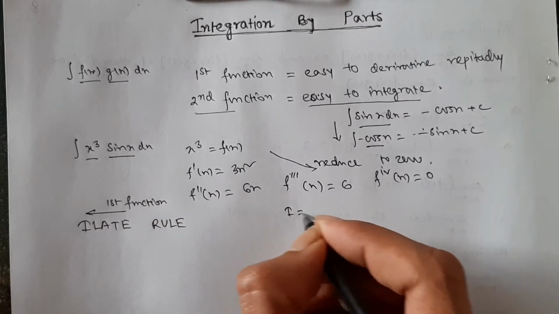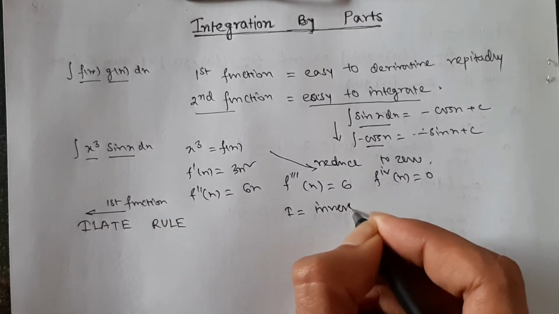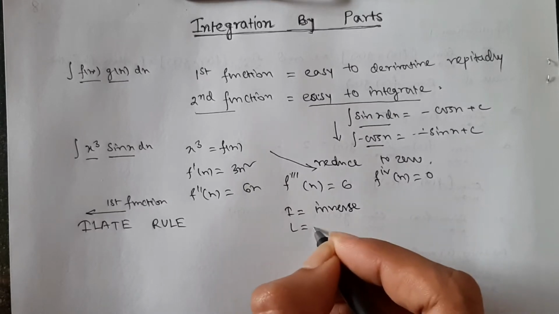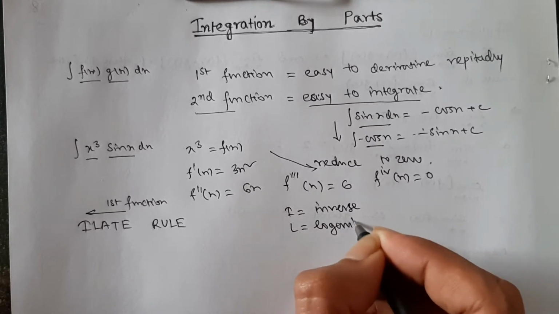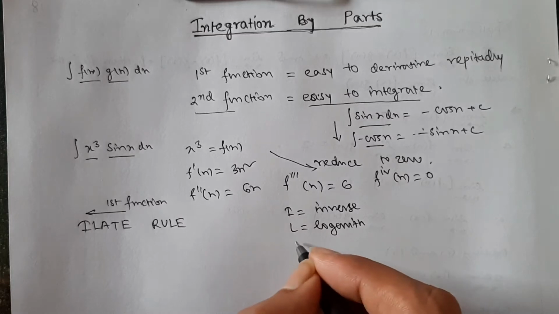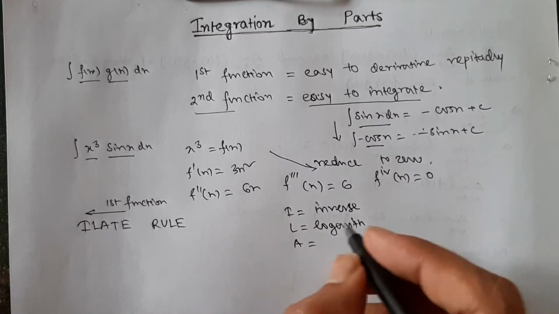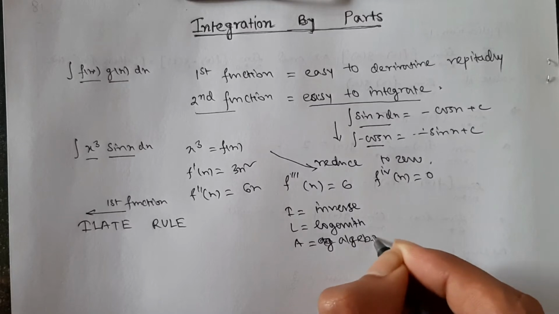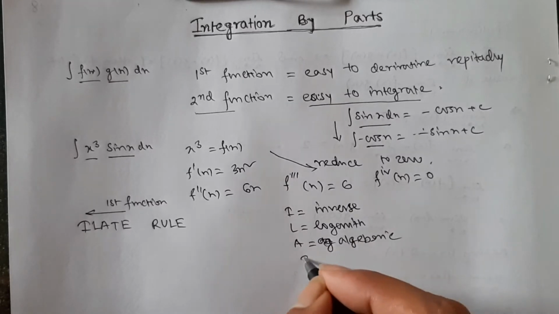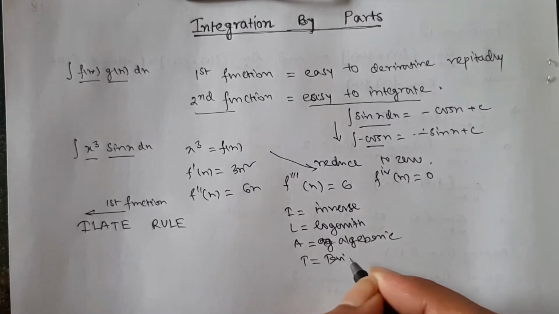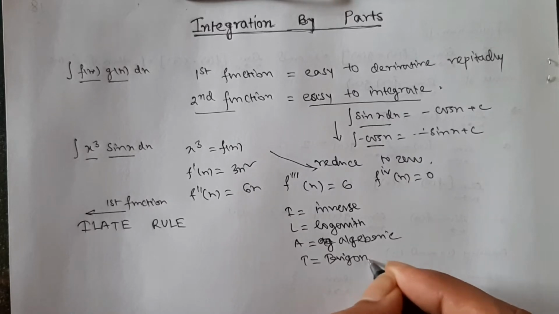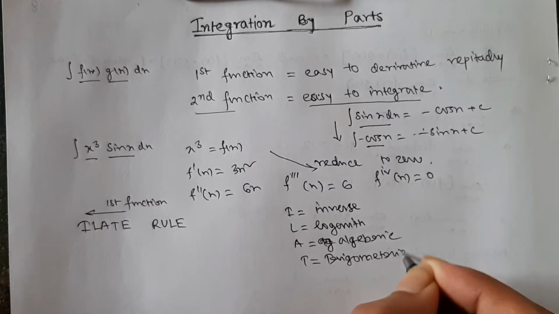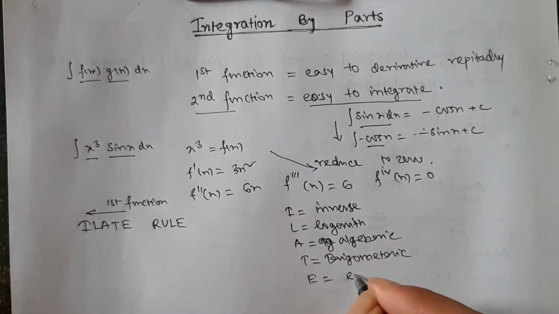I is equal to inverse, L is equal to logarithm, A is equal to algebraic, T is equal to trigonometric, and E is equal to exponential.